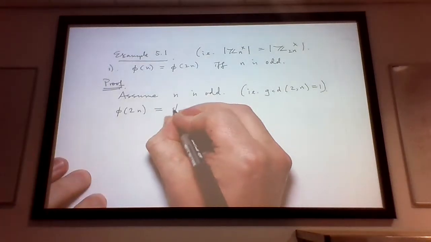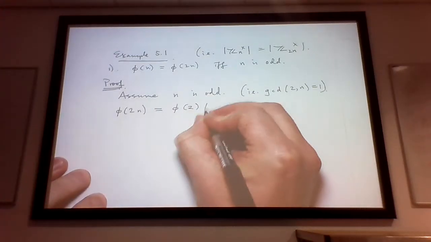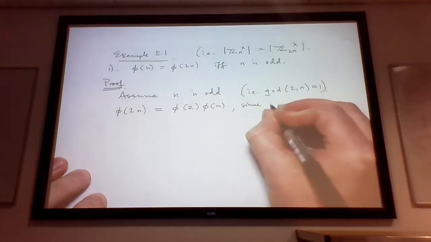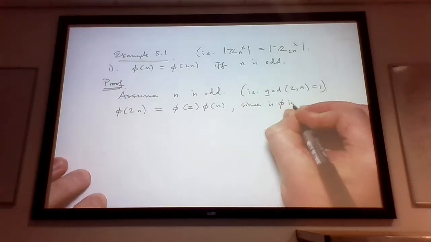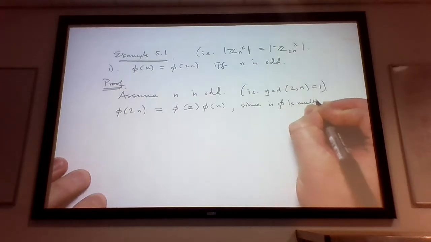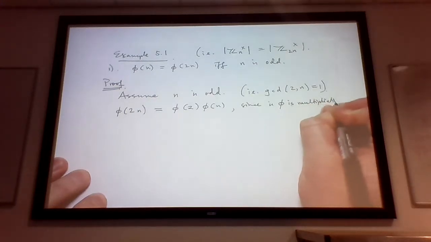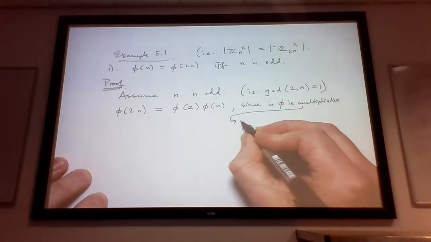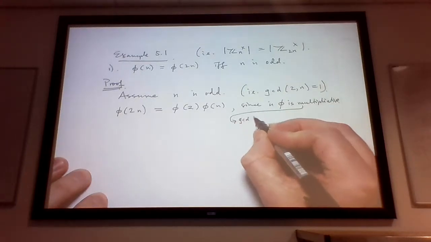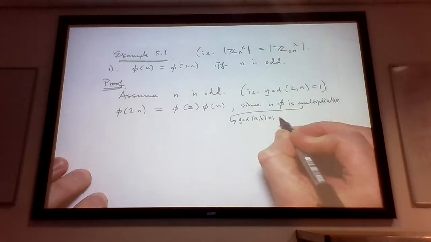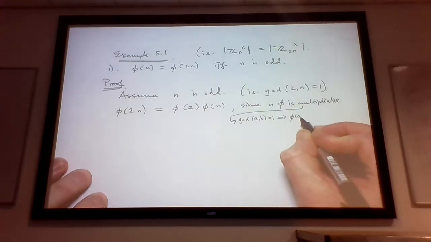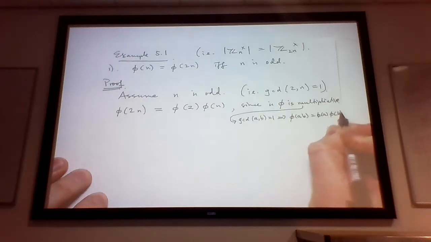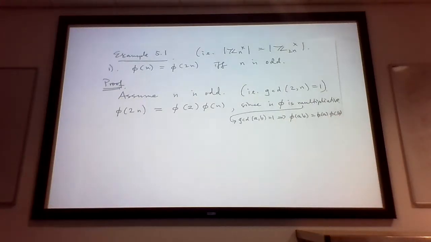So we can say this is equal to phi of 2 multiplied by phi of n, since phi is multiplicative. Remember, the multiplicative property is GCD of AB equals 1 implies phi of AB is phi of A times phi of B. So we're applying that in the case of 2 and n.